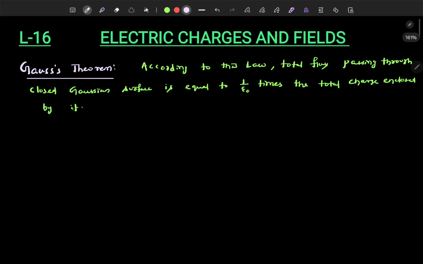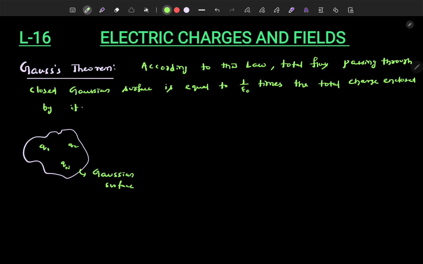Yes, so as per this law, suppose think that this is Gaussian surface. What is Gaussian surface? I will tell, wait up to that moment. So let us consider this is our Gaussian surface, and inside this Gaussian surface, suppose q1, q2, up to qn number of charges are there.